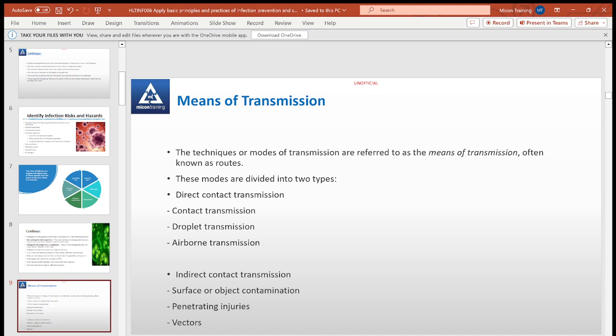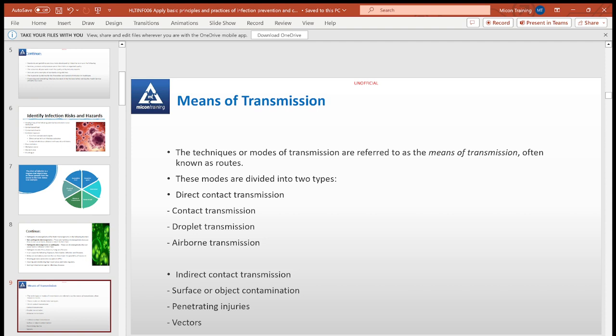The modes of transmission refer to the means of transmission, and they are often known as routes. This can be divided into two. We have direct contact transmission. Direct contact transmission can include contact transmission, droplet, or airborne, as I said earlier, when you sneeze into the air and someone actually breathes that air in. Indirect contact transmission might involve surface or object contamination.